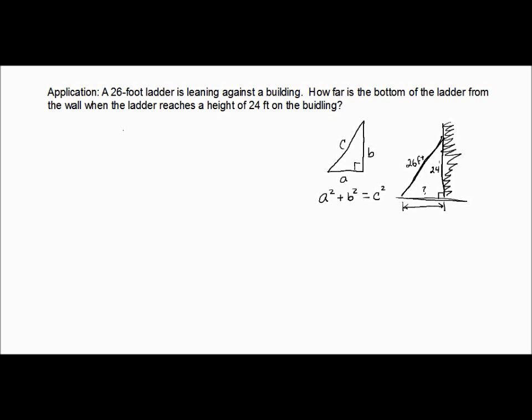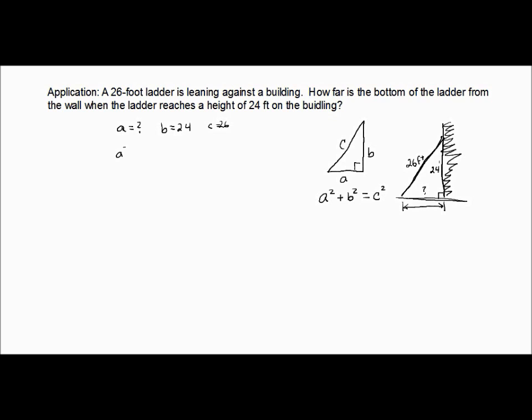So let's set it up. We know that in this case we've got a that we're trying to solve for, at least in my diagram, b equal to 24 feet, and c, the hypotenuse, equal to 26 feet. So what we're going to have to do is make some substitutions.